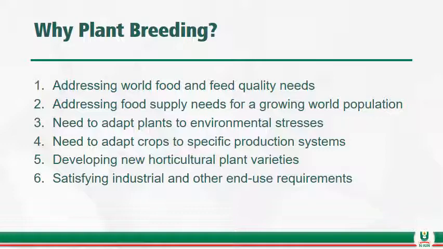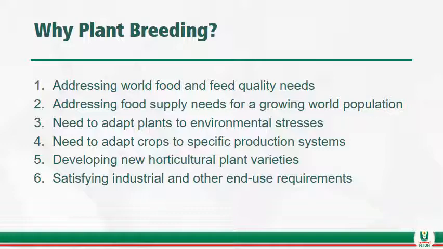The fourth one is that you need to adapt crops to specific production systems. Yes, there are different forms of production systems. You have the monoculture, you have the monocropping, sole cropping, mixed cropping, so many of them. So what you do is that you adapt these crops so that they will be able to grow in every form of environmental and production system.